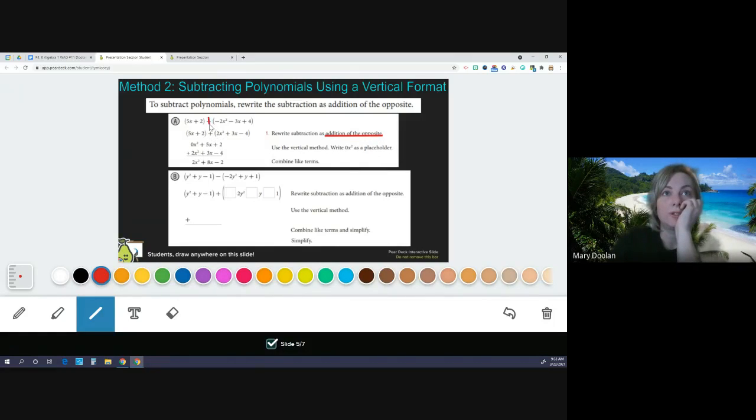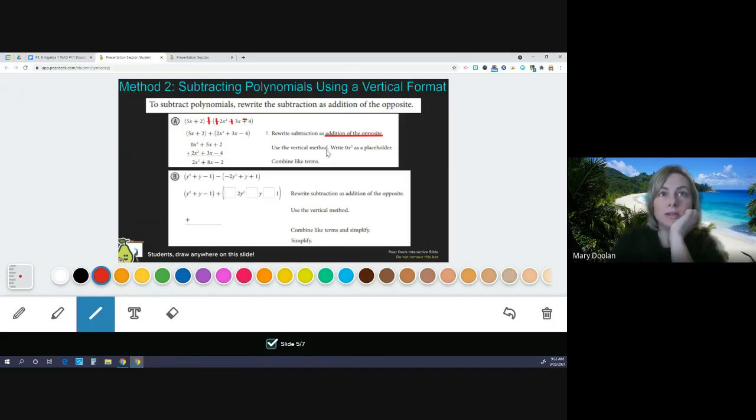This is turning into plus, and then in order to add the opposite, now we have more than one term in the parentheses. So I have to change the sign of everything inside. So this becomes positive, this becomes positive, and this becomes negative. And that's why we have positive 2x squared plus 3x minus 4.